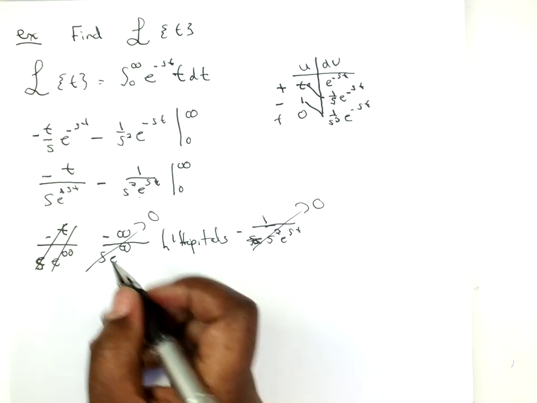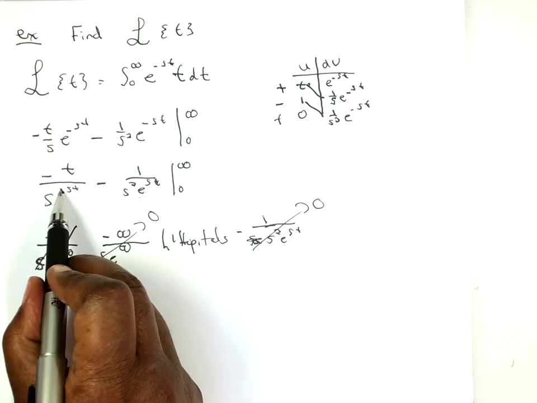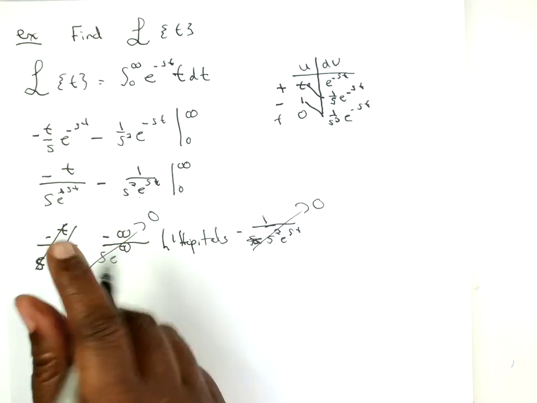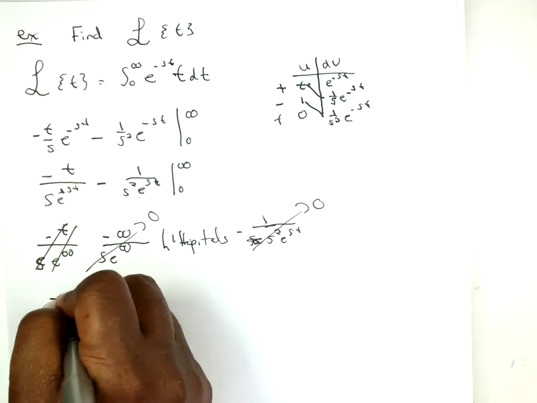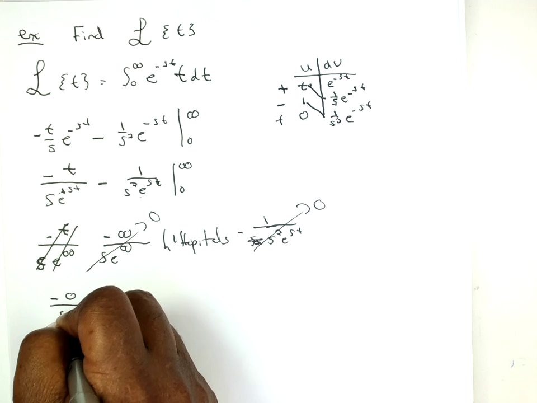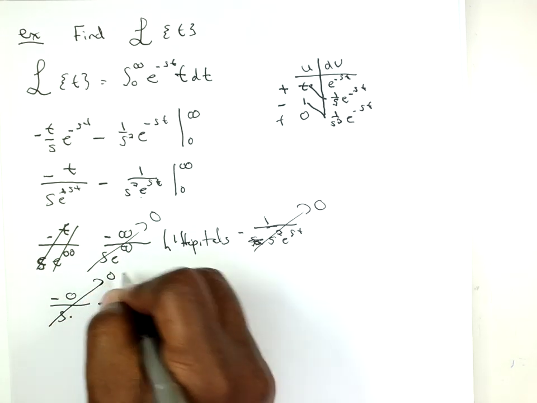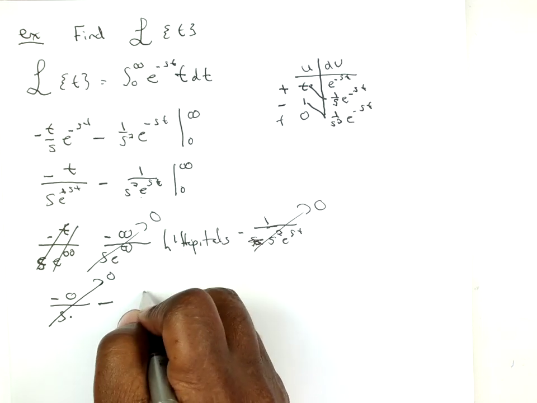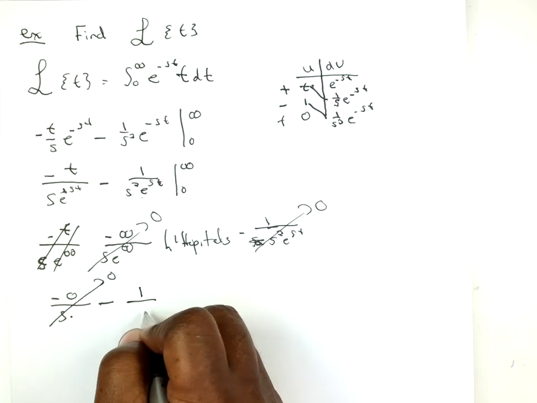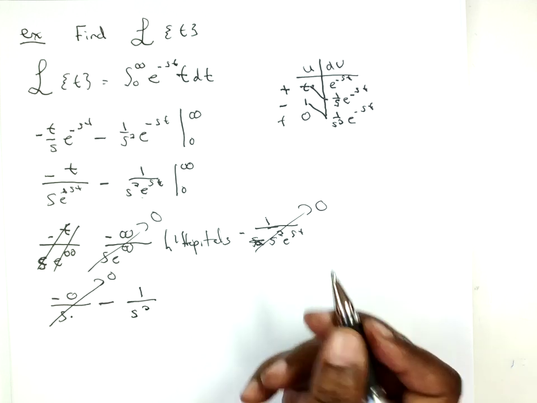Now when I evaluate it at 0, this first term goes to 0 because I would have negative 0 over s. And then the second term, when you plug in 0, we get 1 over s squared.